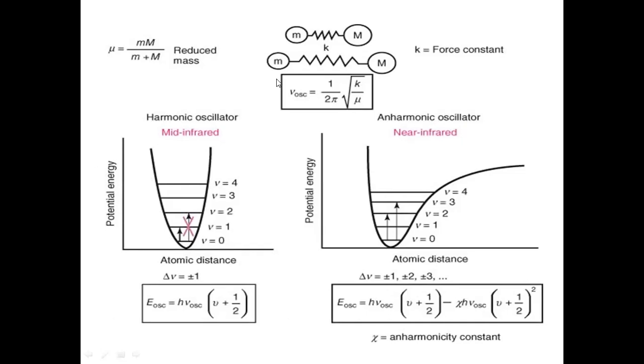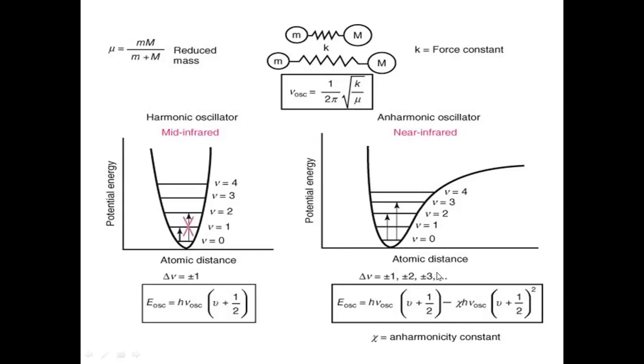Let us assume two particles oscillate with masses small m and capital M. Then the frequency of this oscillation is equal to 1 by 2 pi into root k by mu, where mu is the reduced mass. Here the system has two masses small m and capital M, then the reduced mass mu is equal to m M by m plus M. This is the frequency of this oscillation.